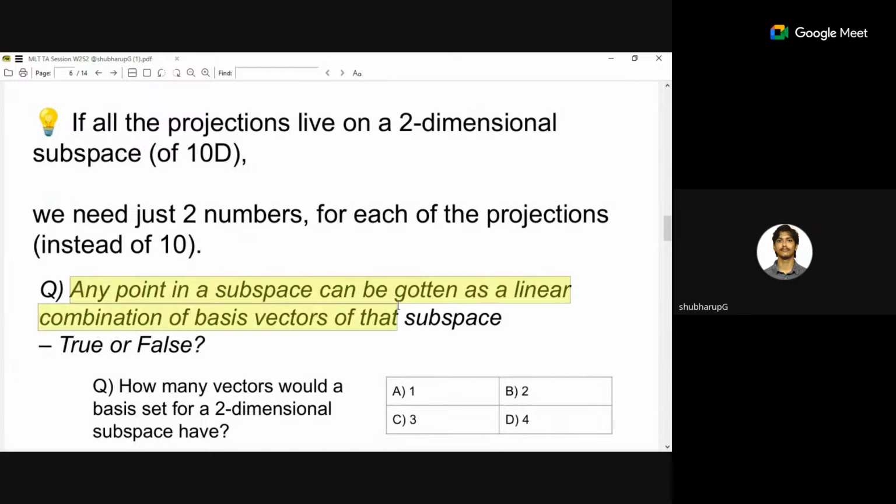Any point in a subspace can be gotten as a linear combination of basis vectors of that subspace. Do we all agree on this? Yes. What about the others? What do we mean by linear combination, by the way?